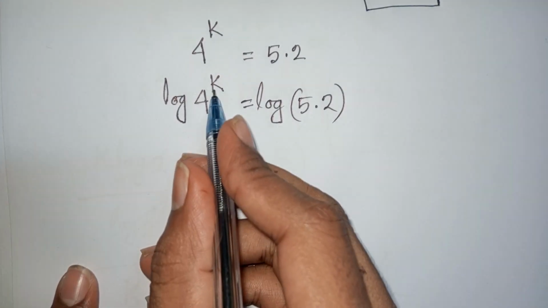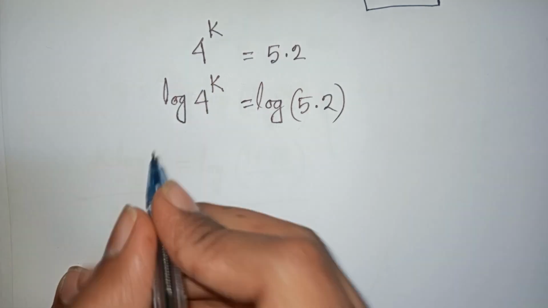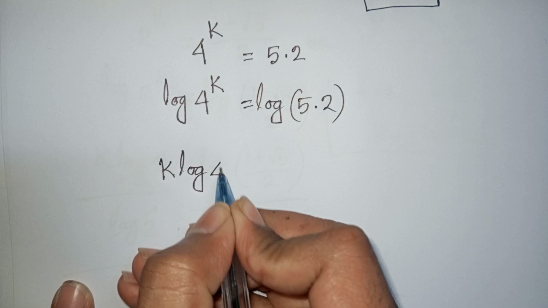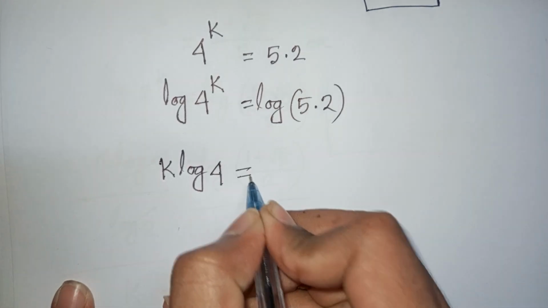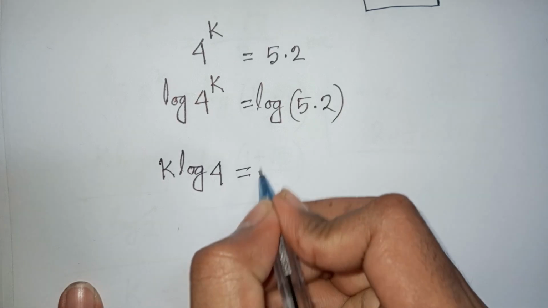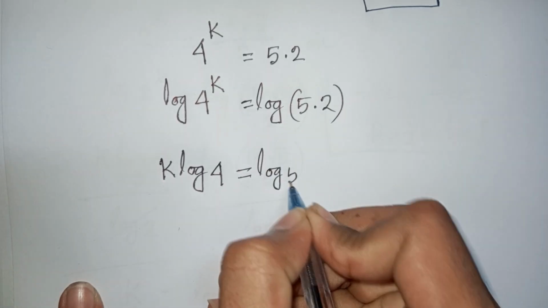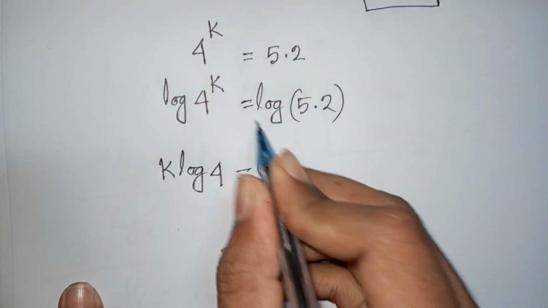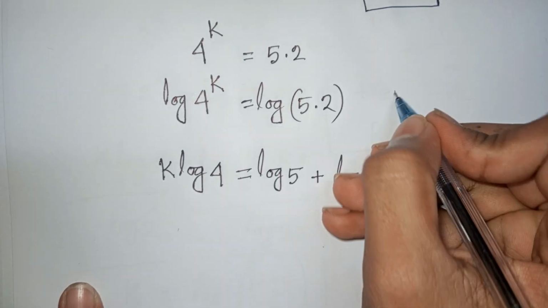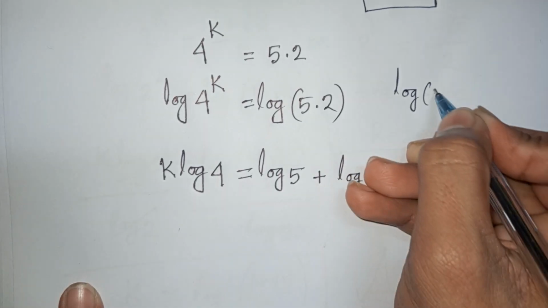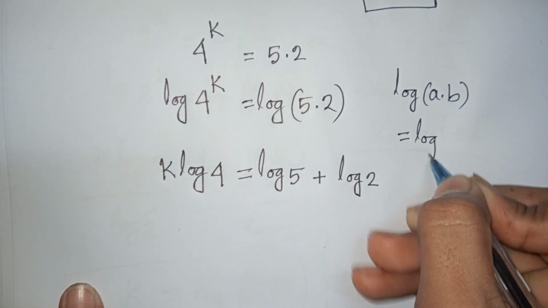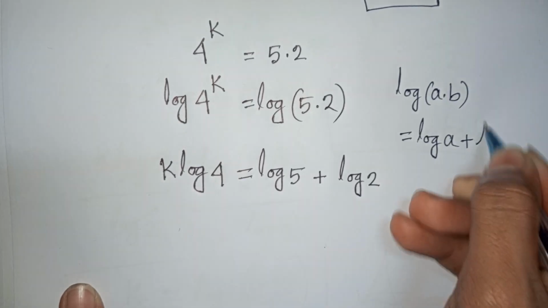Now this power k will move to the front, so it will be k log 4 is equal to log of 5 times 2, that means it will be log 5 plus log 2, because we know this formula: log of a times b is equal to log a plus log b.